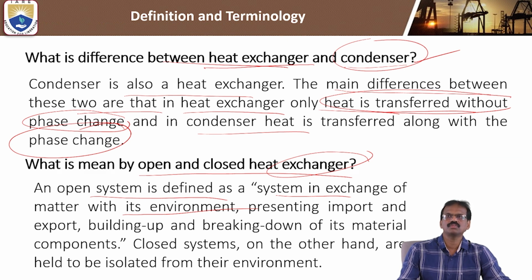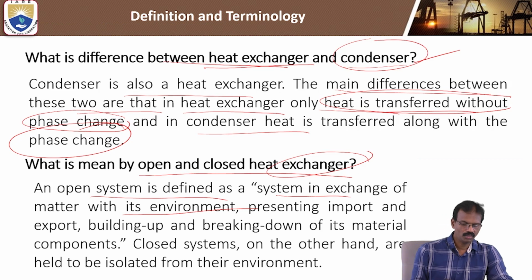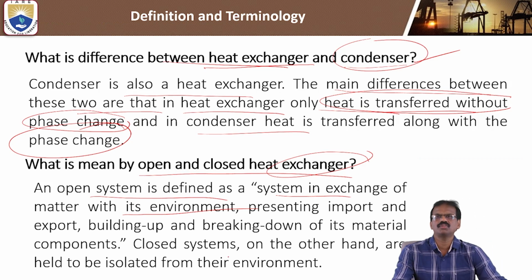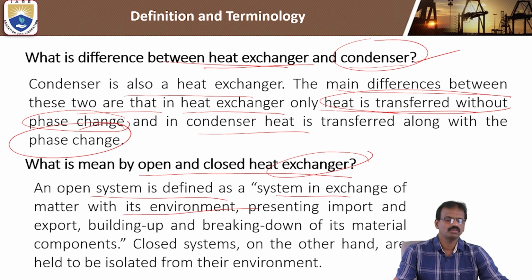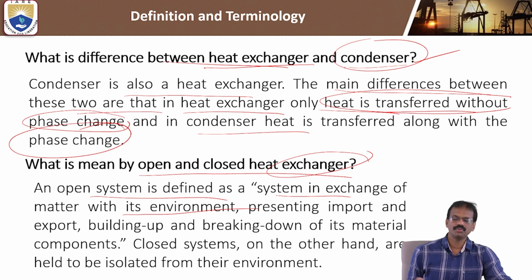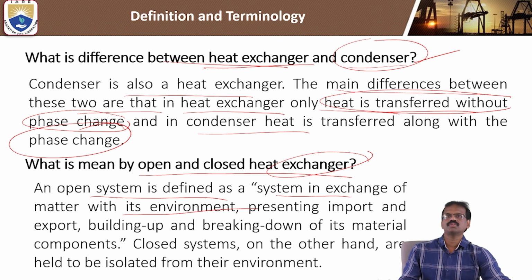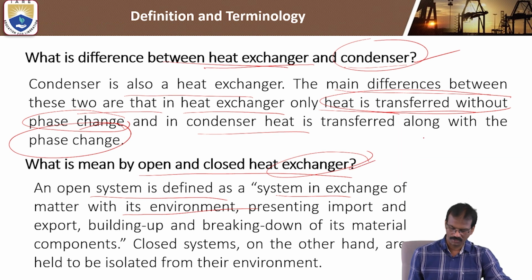Closed system means those that are held to be isolated from the environment. So, open to environment and closed to environment. Based upon that principle, we can classify the heat exchangers into two types. One is the open heat exchanger, and another one is the closed type heat exchanger.